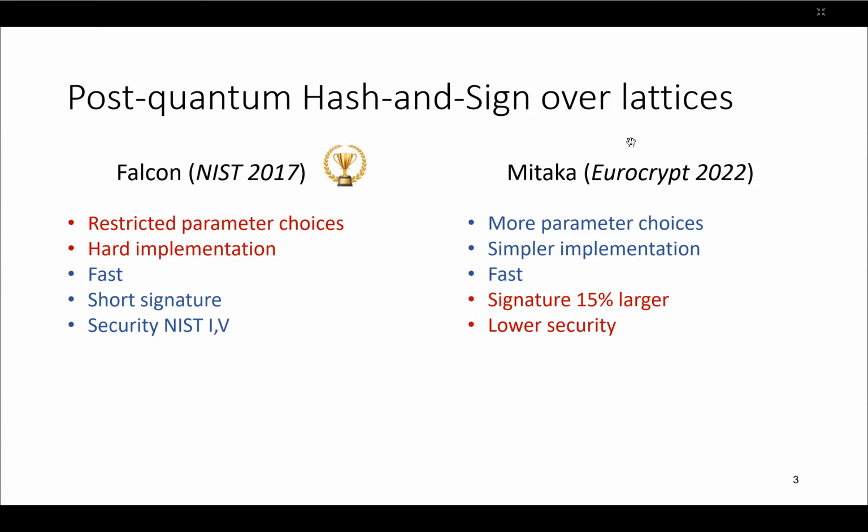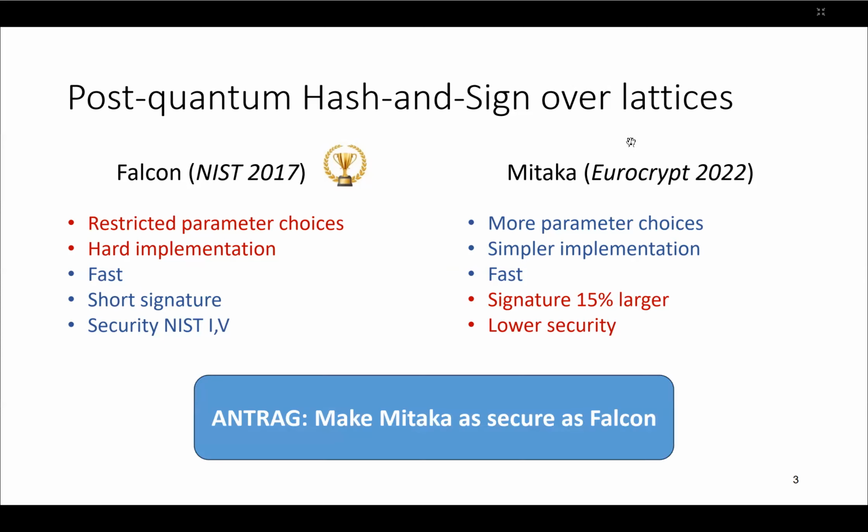However, the trade-off is that the signatures of Mitaka are about 15% larger than Falcon's, which likely impacts the security of Mitaka. That's why we have Antrag, born with a mission to make Mitaka as secure as Falcon.